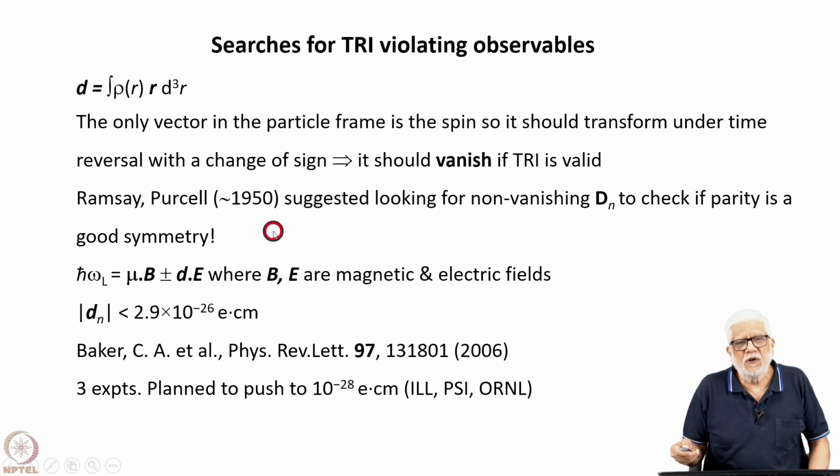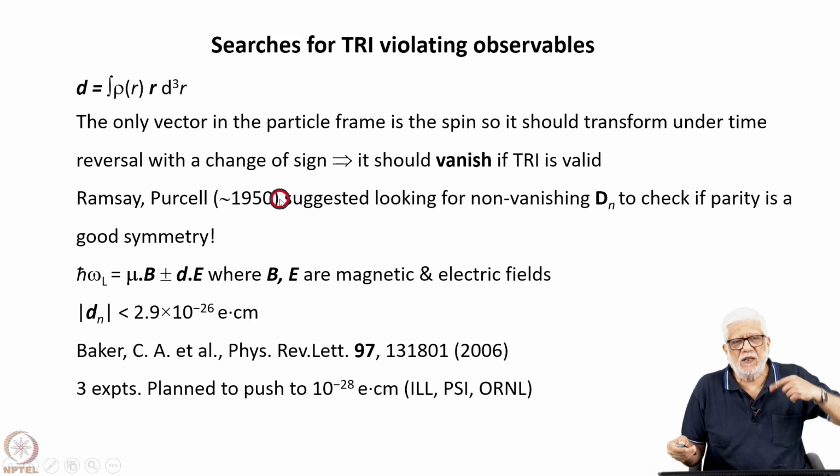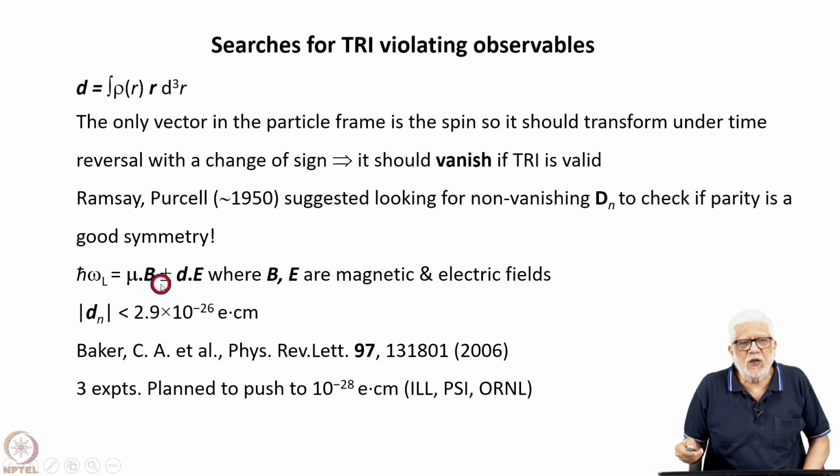So, it will also rotate in a combined electric and magnetic field, and the electric field you can switch with respect to the magnetic field. You can have it one way and then the opposite way. So, you are looking for small changes in this Larmor precession frequency. So, you have an interaction which is mu dot B, but plus minus d, where d is the electric dipole moment of the neutron, times a dot product with the electric field.